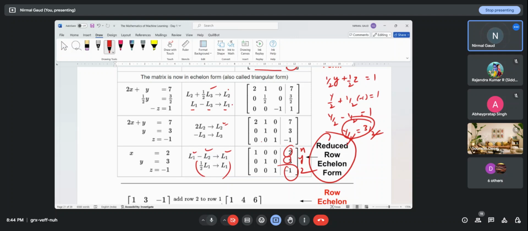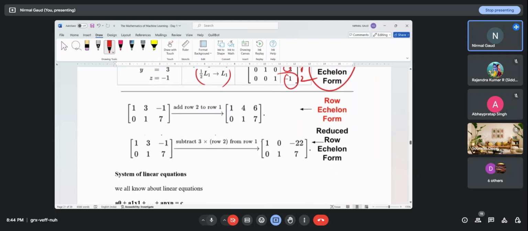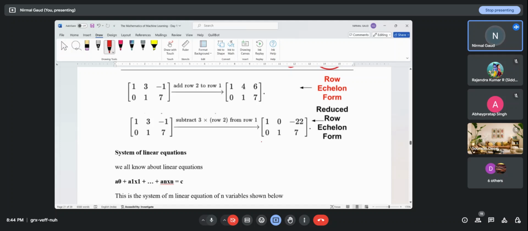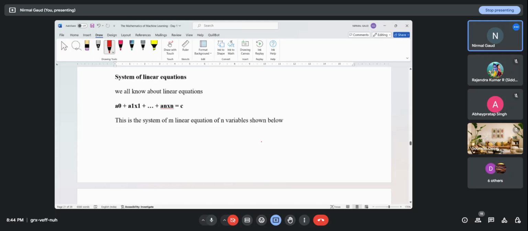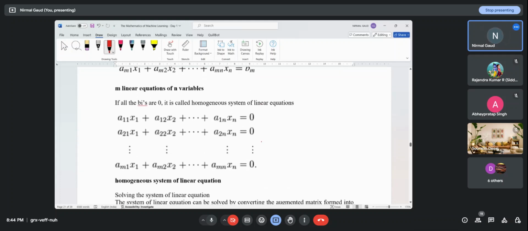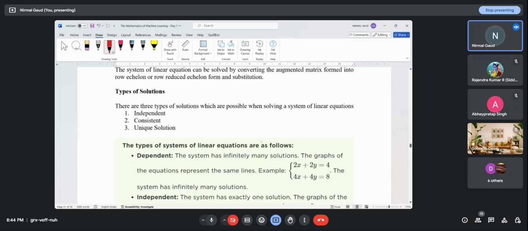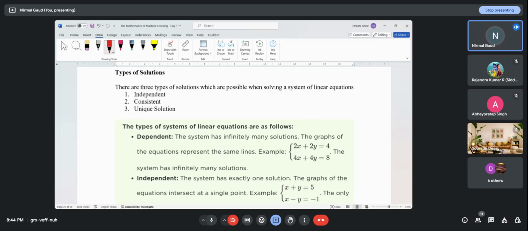So, row echelon, reduced row echelon, we are performing the transformations. These are the system of linear equations. And we are having different types of solutions. I also told you in previous classes that we can have independent solution, we can have consistent solution, unique solution. That's what we can have.